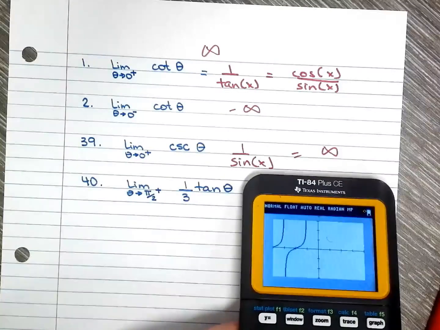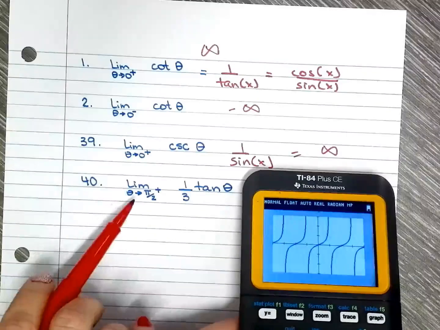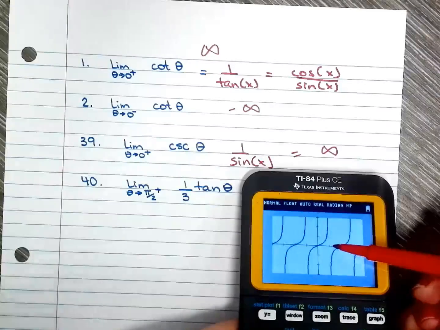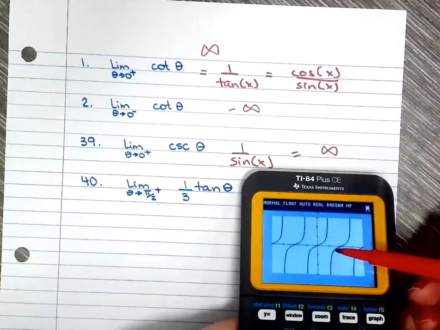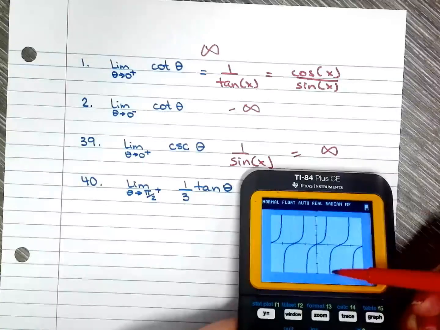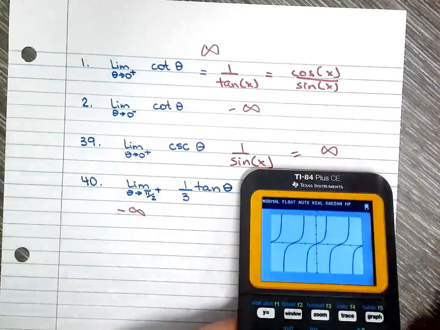So when I'm graphing, we're evaluating the limit as theta approaches pi over 2 from the right. Pi over 2 from the right is that dash right there. Approaching from the right, we're going this way, toward negative infinity right there. So I know at this point my answer is negative infinity.